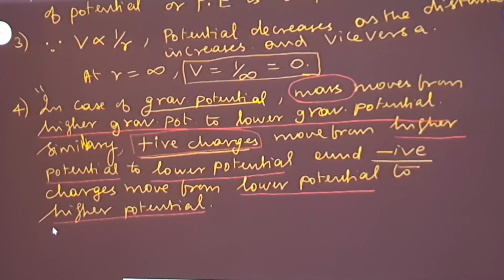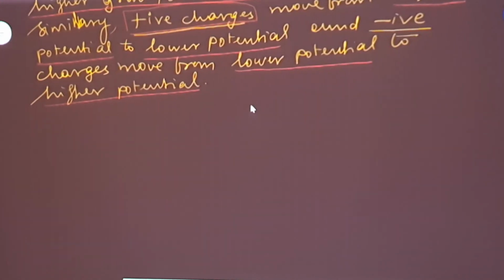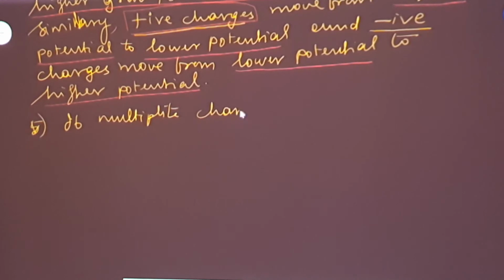So let us go for the final point. Instead of a single charge, if you are considering electrical potential due to multiple charges, we have studied the superposition principle. Similarly, here also I am going to consider it.